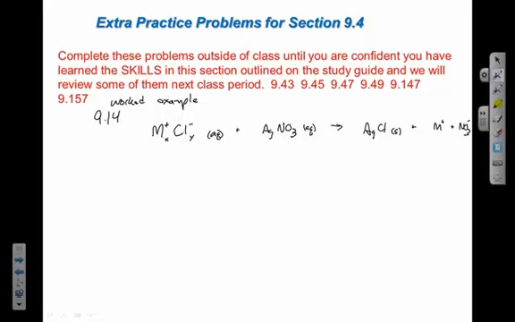They're telling me that I collect 1.5615 grams in the end, and that I started with 0.8633 grams of this. And then they want me to determine the percent Cl in the compound.